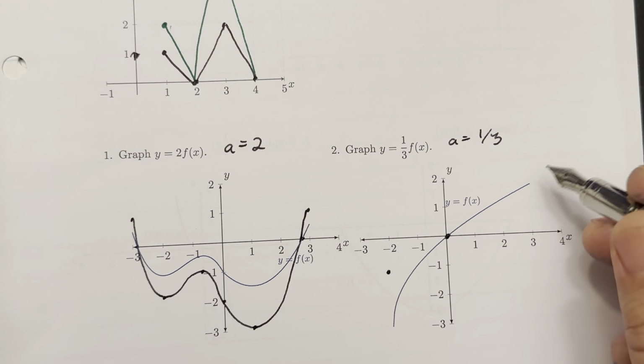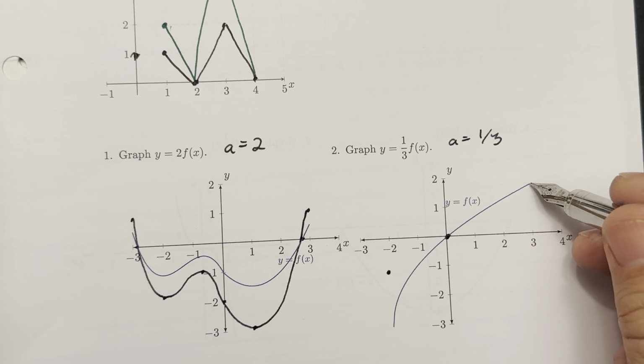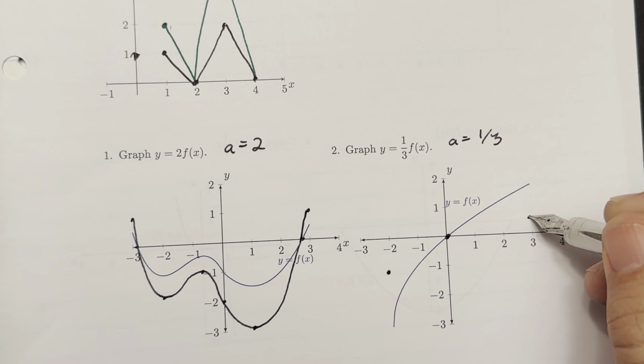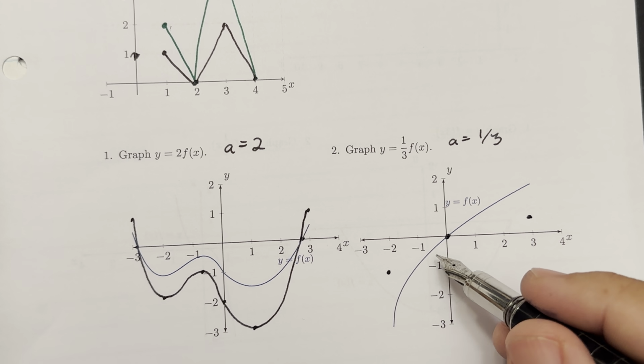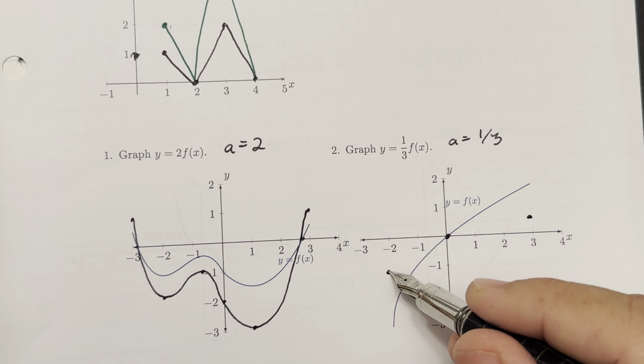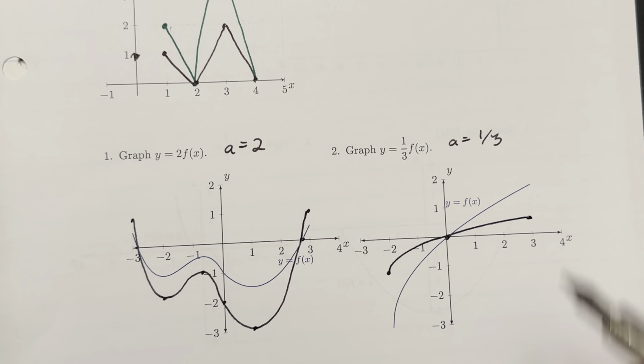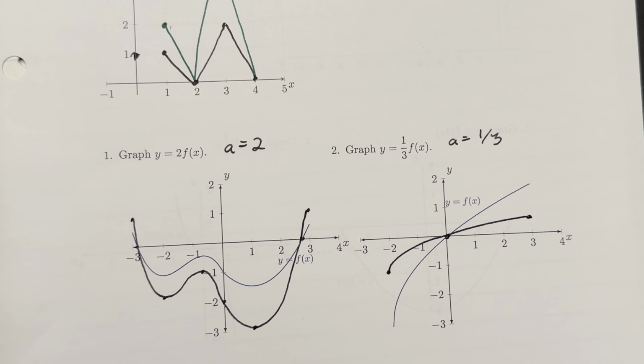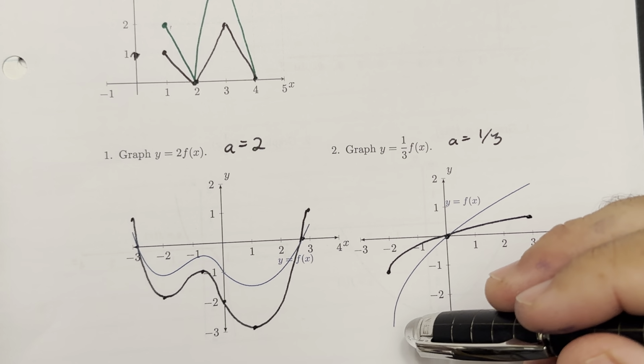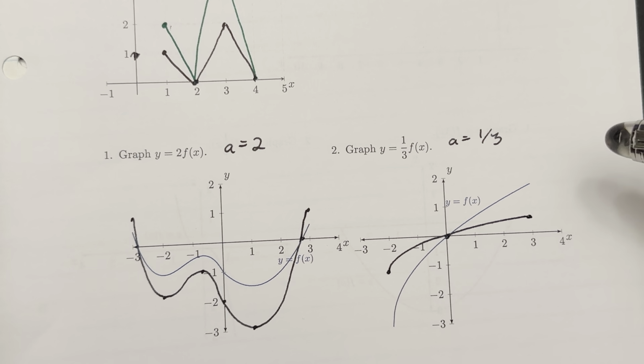Stays put there. And then right here, it goes about right there. And there's our graph right there. Right. And note that I'm only changing the y values. The x values stay the same.